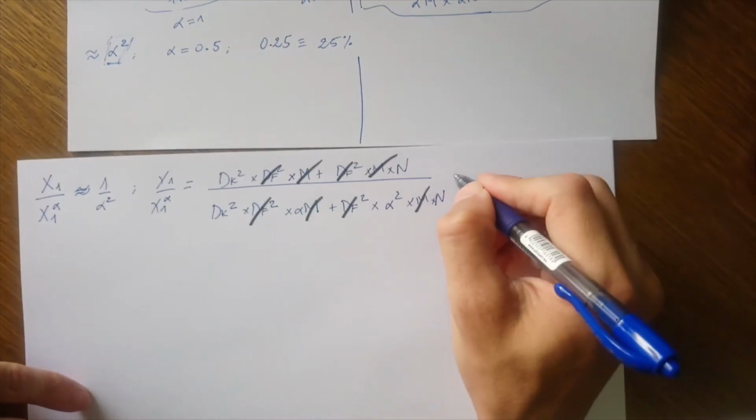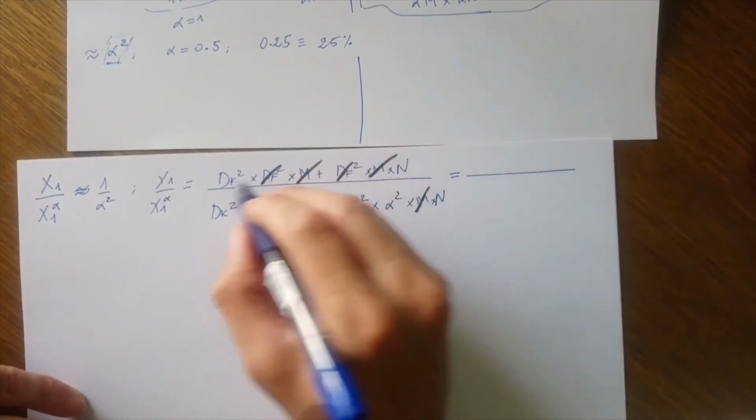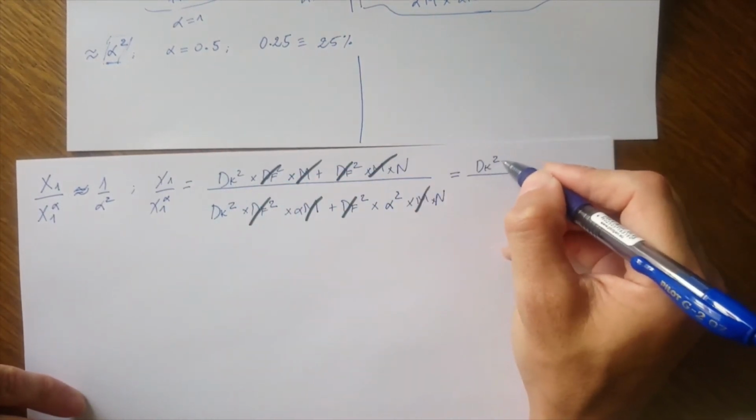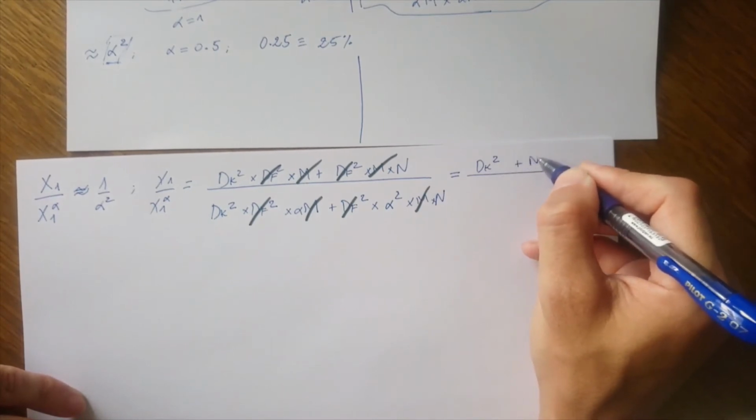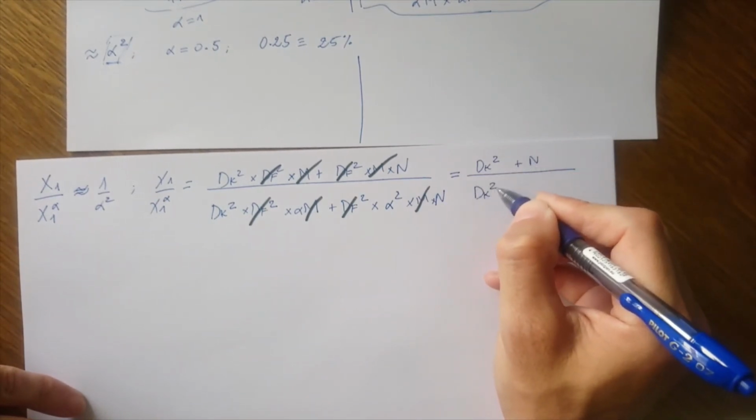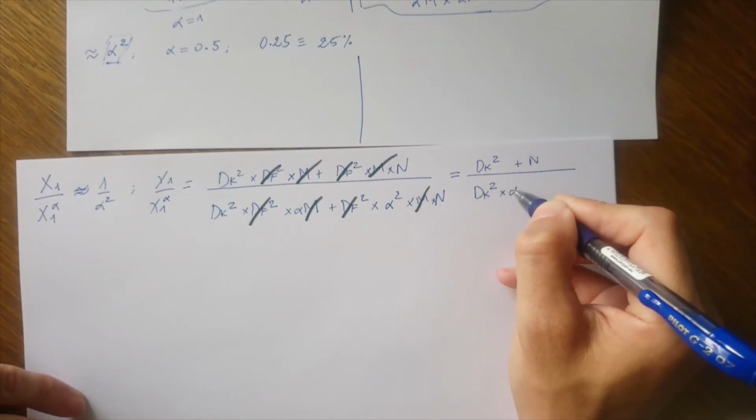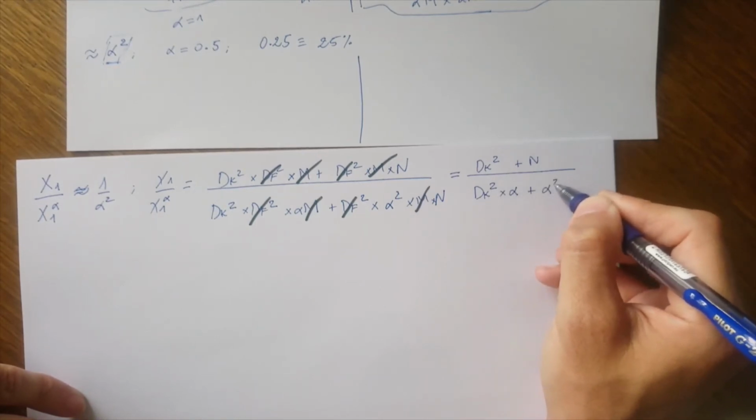So this is equal to dk squared plus n divided by dk squared times alpha plus alpha squared n.